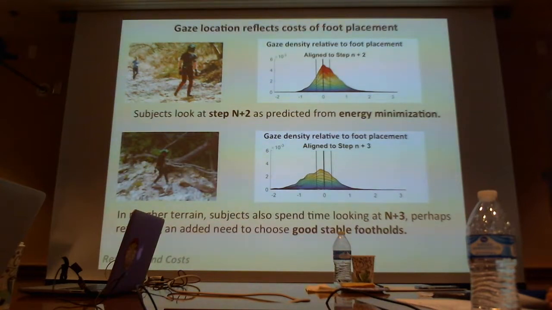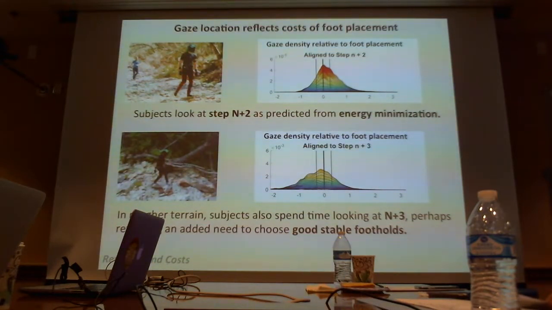This is where your foot will be two steps later. These little bars here are about the length of a foot. So a big chunk of your time is spent looking at n+2, which is what you would expect from the idea that you want the most energetically efficient walking. If it's closer, you have to brake, right?